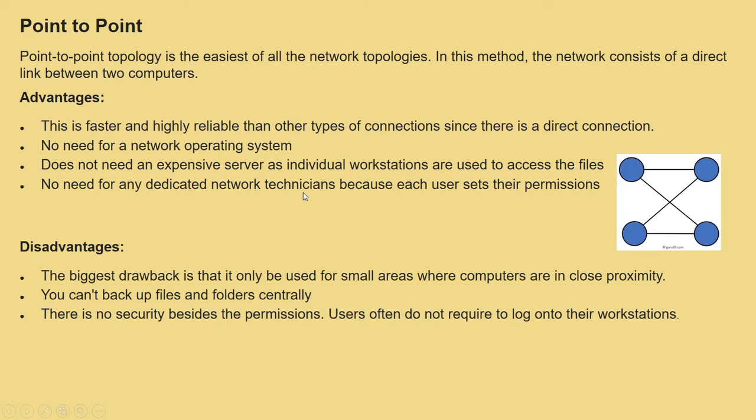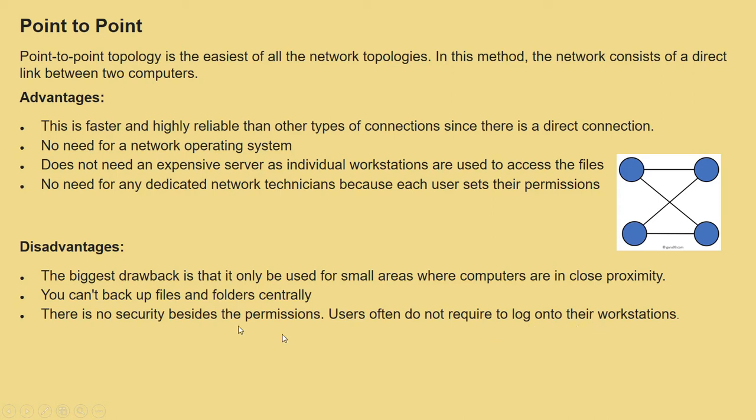Okay, but what disadvantages do you get from point to point? The biggest drawback is that it can only be used for a small area, where computers are in close proximity, and you cannot back up files and folders centrally. There is no security besides the permissions, and users often do not need to log on to their workstation.